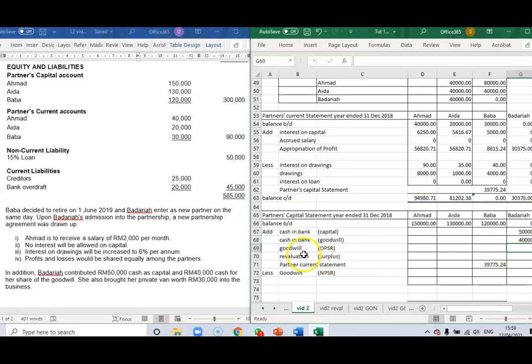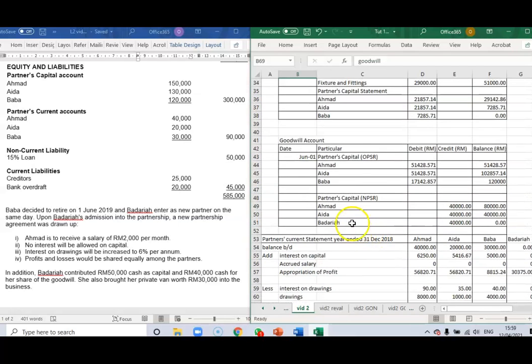Now, in the capital statement or capital account, you need to record the Goodwill. Remember, we do the Goodwill account. So you have here debit Goodwill account, and then you will credit the capital account. Credit capital account means add, tambah.